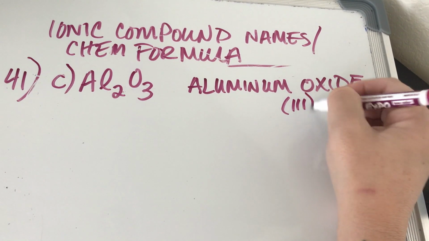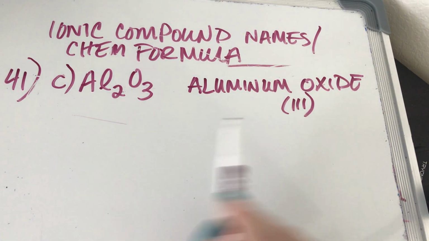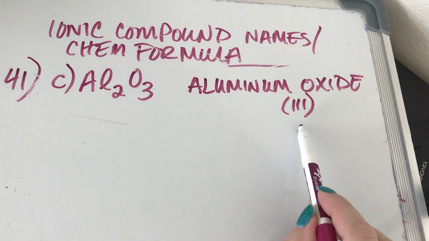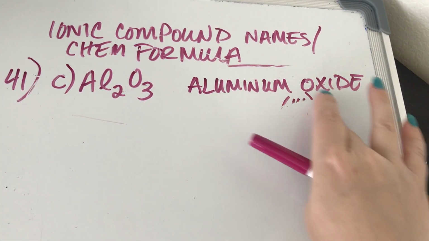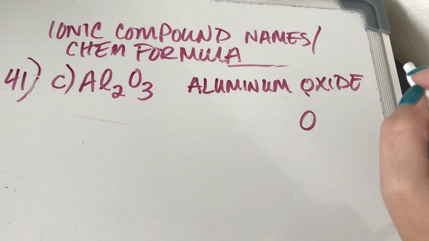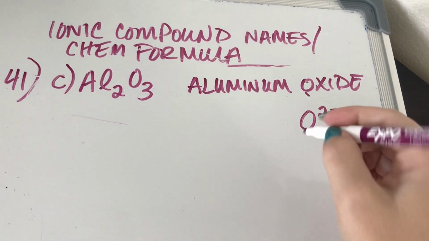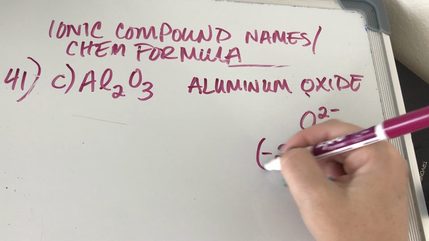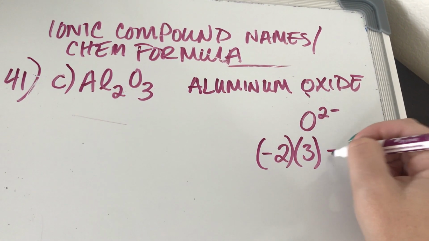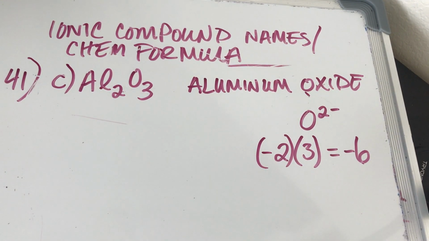Now, if you were to put the Roman numeral, it would be fine. And let's talk about how to find that, because I think this is kind of tricky if you don't know that this is a +3 always. So, oxide has what charge? -2. And how many of them are there? 3. So you have a total of -6 coming from the oxides.